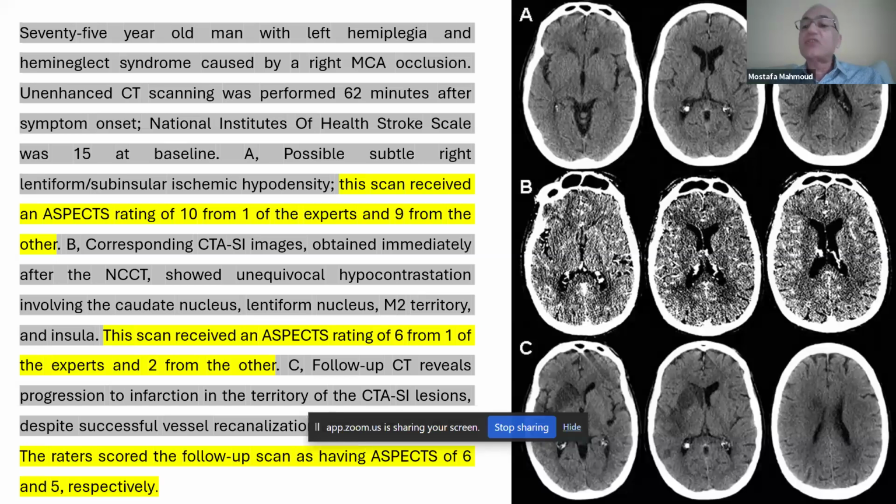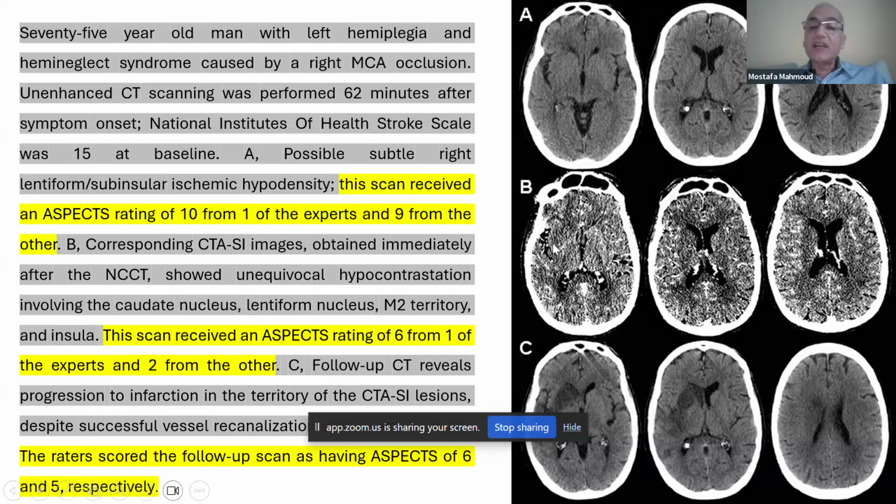But actually this is not true, because when you go to the source image CTA, you can appreciate a hypodensity here, and another hypodensity here, and here and there. When you compare it to the 24 hours CT, look at this.